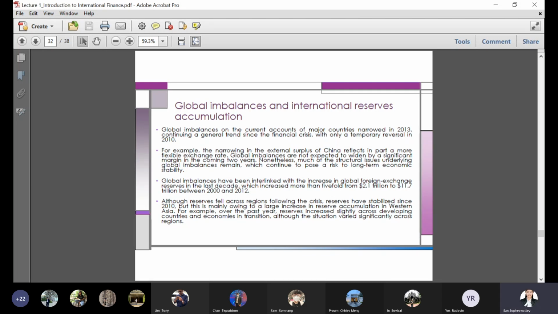At the same time, the global decrease in reserves might be owing to a large increase in reserve accumulation in Western Asia, such as developing countries and economies in transition, such as China, for example, which have huge accumulations in their international reserves so far.